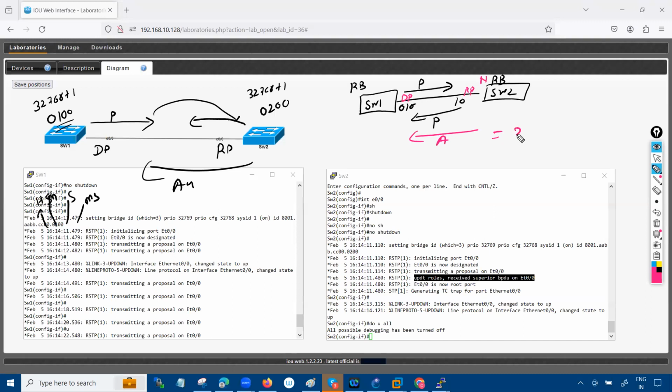This is called a three-way handshake process. Practically, it happens this way. In some books they just write proposal and agreement, but practically they are doing the three-way handshake process. That's how your RSTP works, guys. Questions?